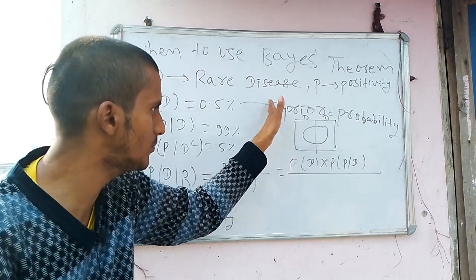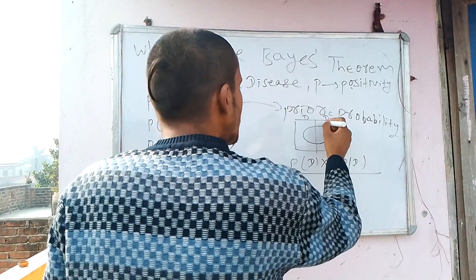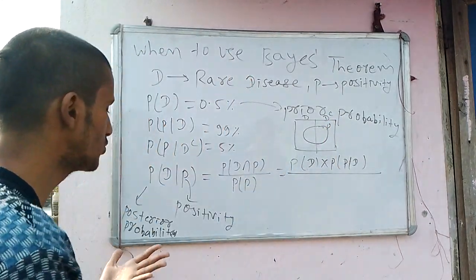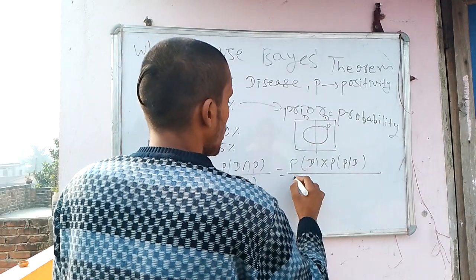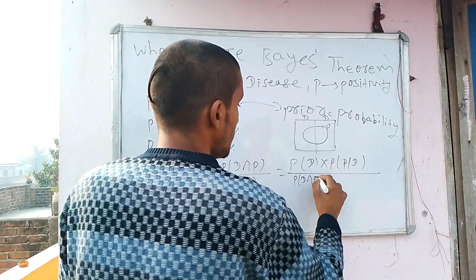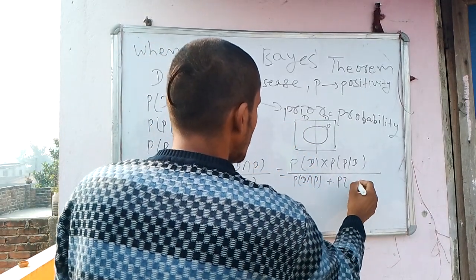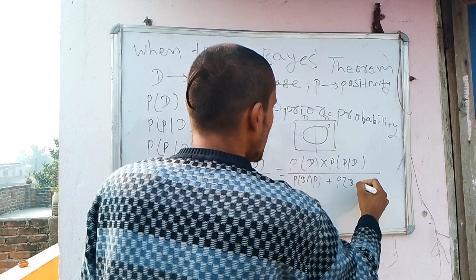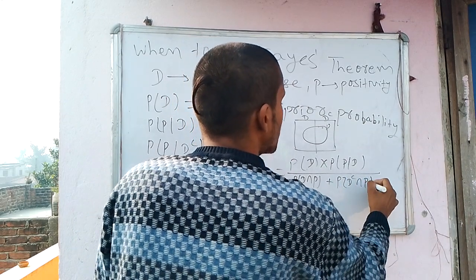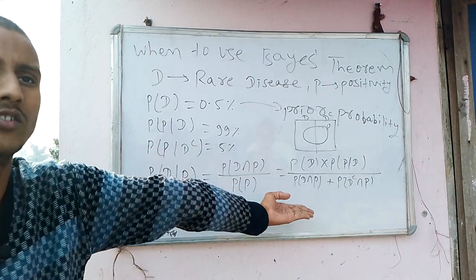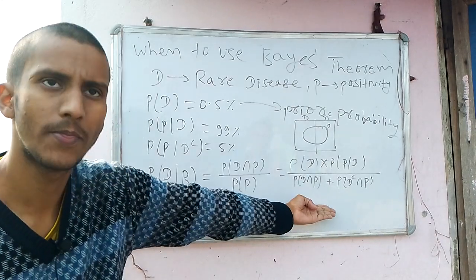So positivity actually lies in both portions here. Does that make sense? We want to write probability of P, which is going to be probability of D intersection P, because we can see from the figure, plus probability of D complement intersection P. This is your Bayes theorem.